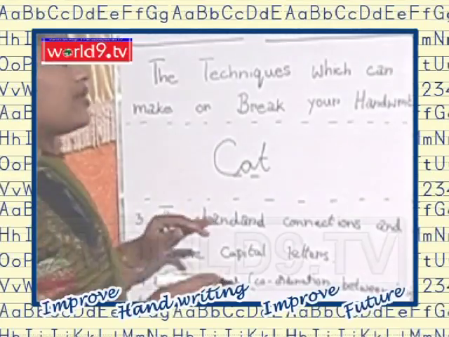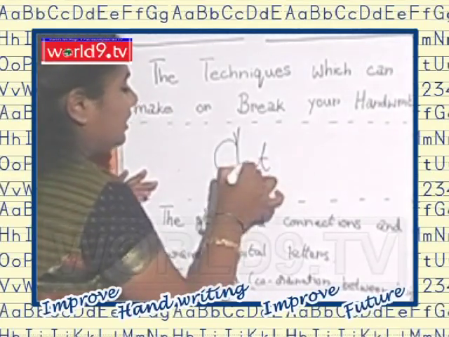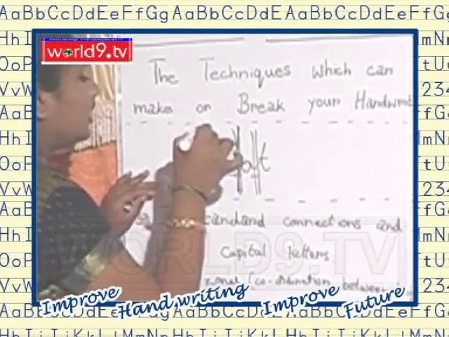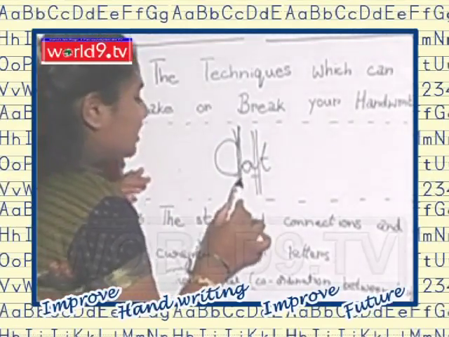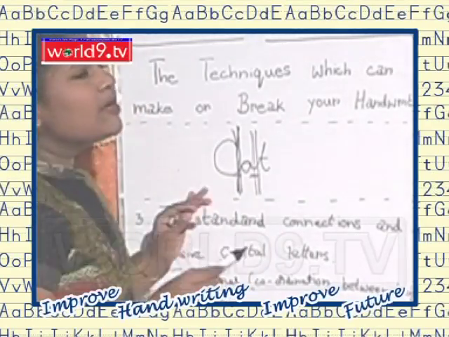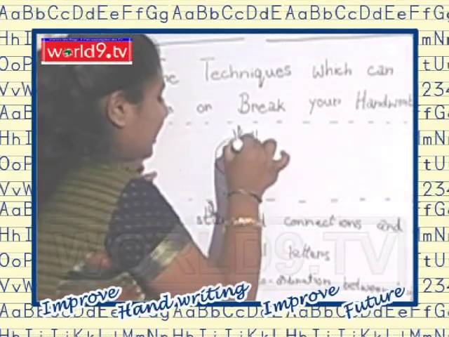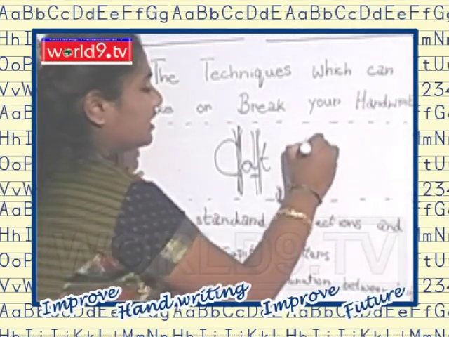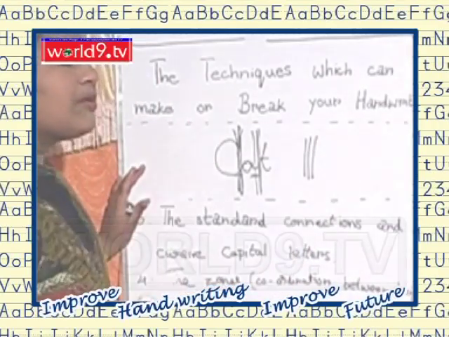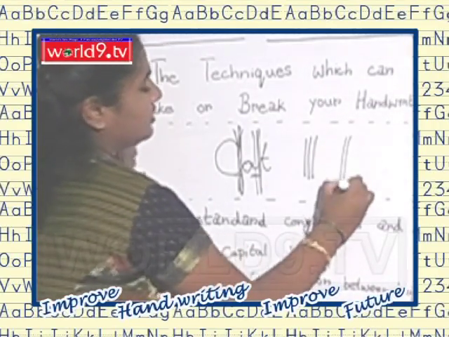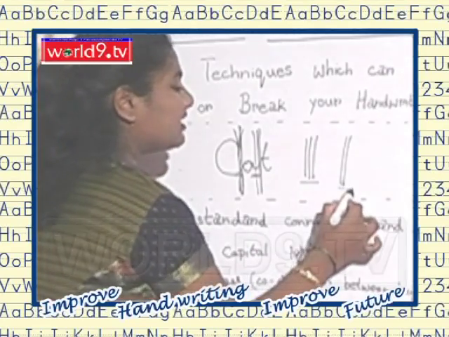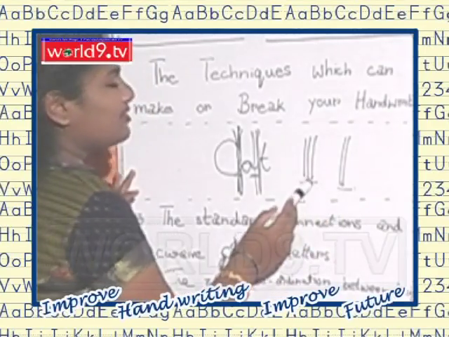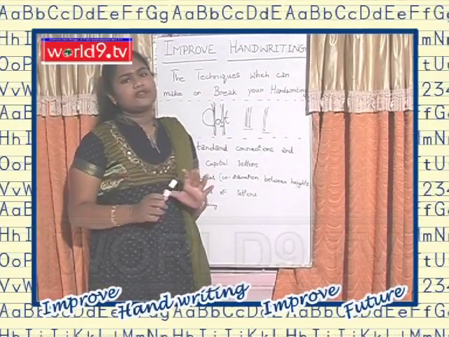We should give a minimum of two lines gap, as we said first. The maximum space is three lines. The maximum space of any one is three lines, and the minimum space is two lines. More than this and less than this will not look nice. So we should give a minimum of two and a maximum of three lines. This is called spacing.